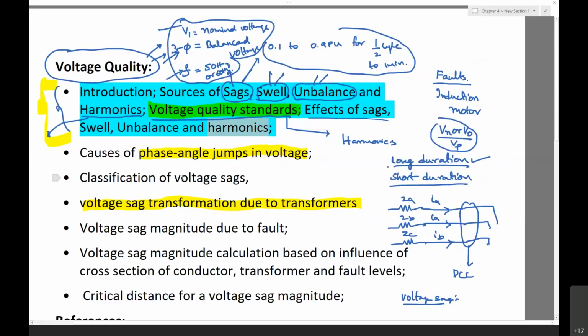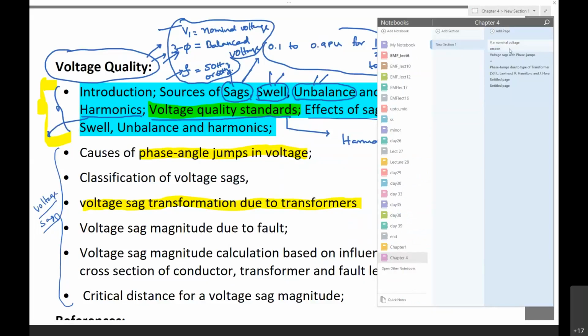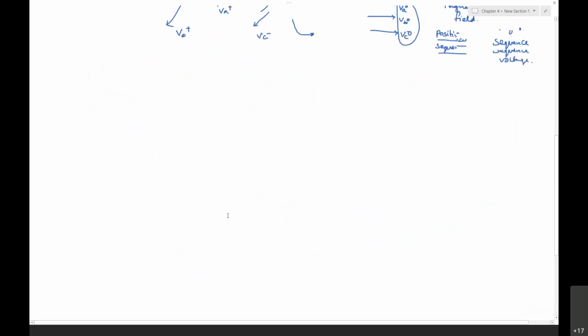Next, in the coming classes we are going to discuss much about this content, which refers to the voltage side, the magnitude.